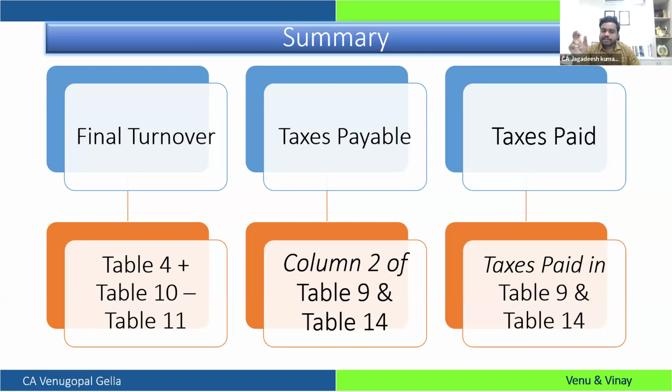You either pay that amount through DRC-03, or if you ascertain a reason, you can mention it in the GSTR-9C as a reason for the difference. So table 9 is a comparison of the tax paid and the tax payable.